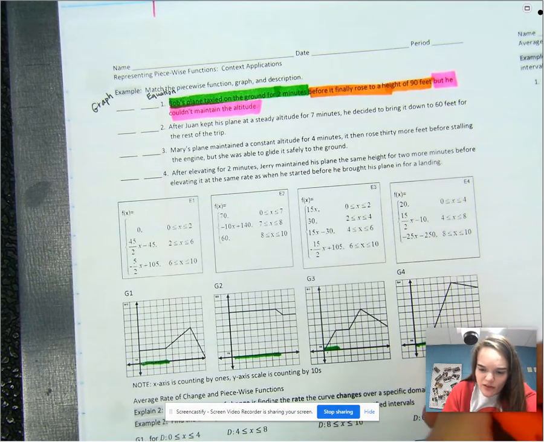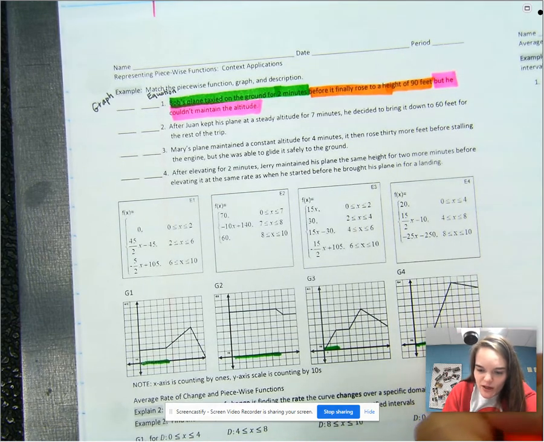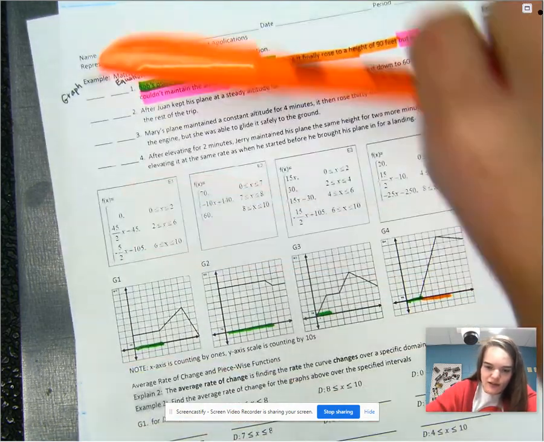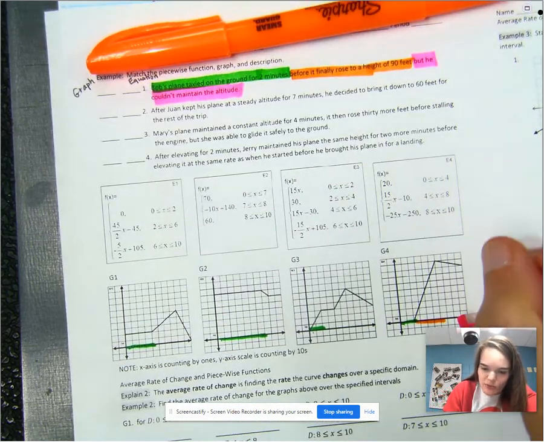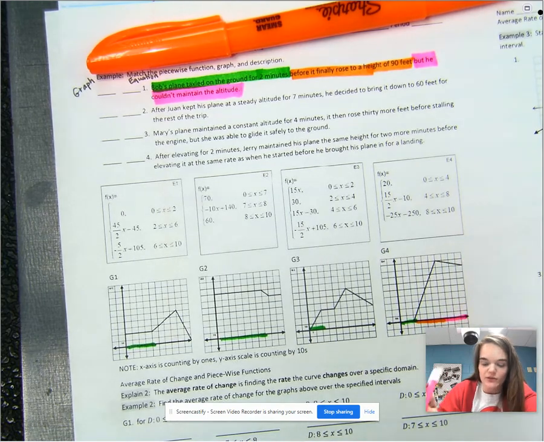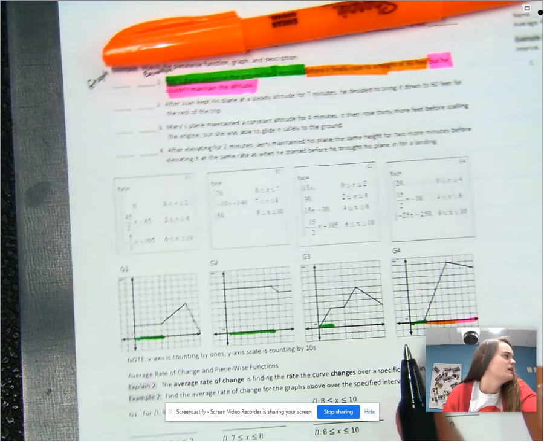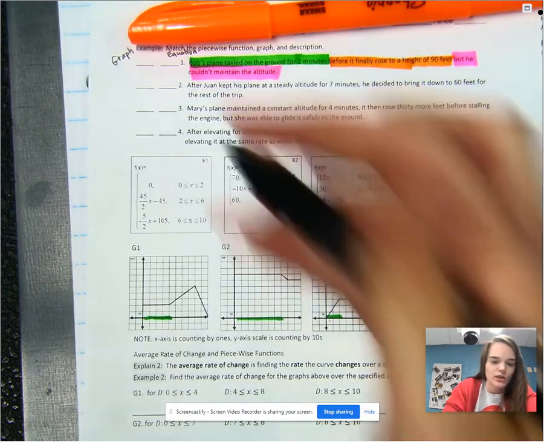Now we have to see, did it rise all the way to 90: 10, 20, 30, 40, 50, 60, 70, 80, 90. Yes, it rose all the way to 90. And then did it lose some altitude, meaning fall back down for a little while? Yes. So that looks like Bob's plane is represented right here in G4. So we're going to put G4.